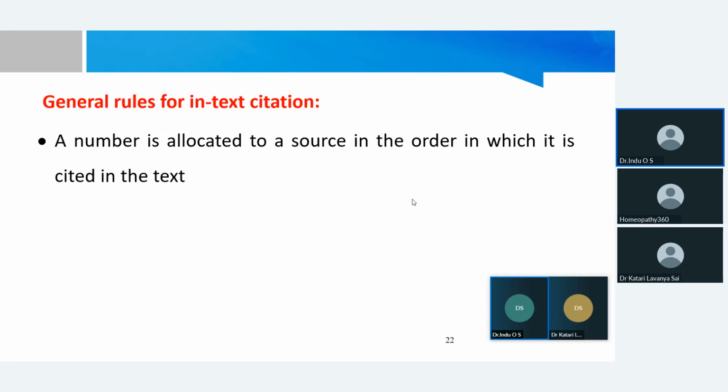If you are taking a point from a source, from a resource or from an article, and you name it as 1, that 1 should be there in the text as well as under the reference list. Like that you have to number or give the in-text citation. For example, it should be given in superscript.